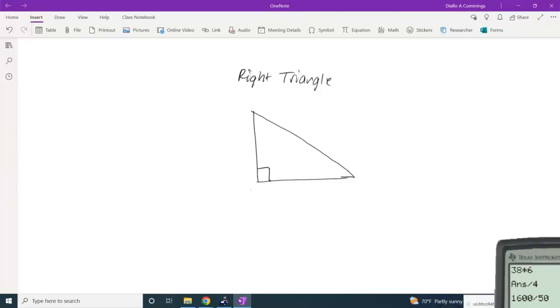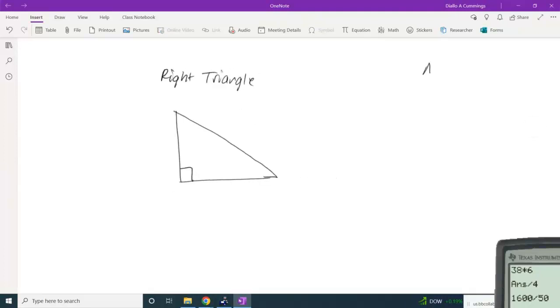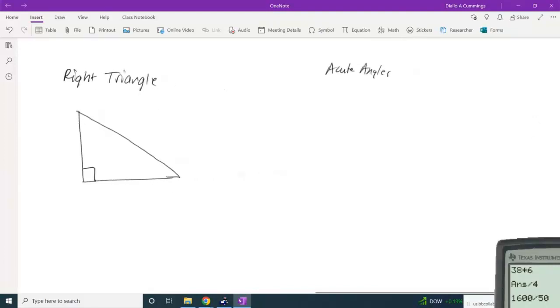The types of angles, just to review geometry a little bit, you have acute angles, and acute angles are less than 90 degrees. You have a right angle, and a right angle is exactly 90 degrees.